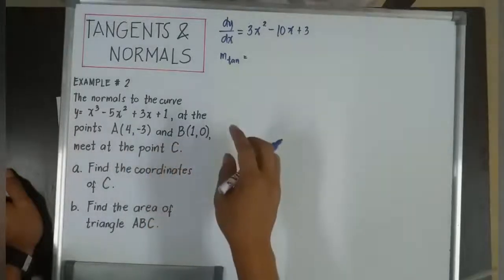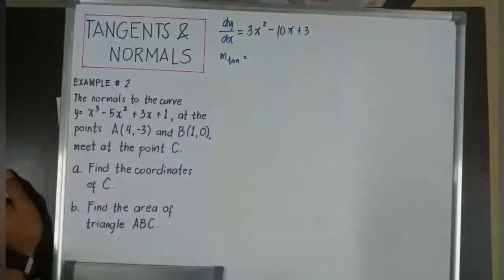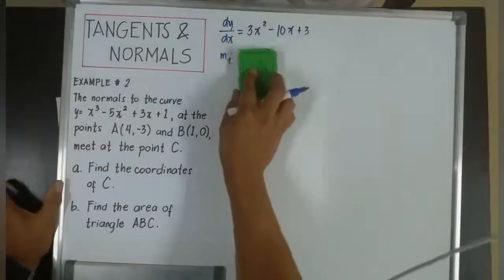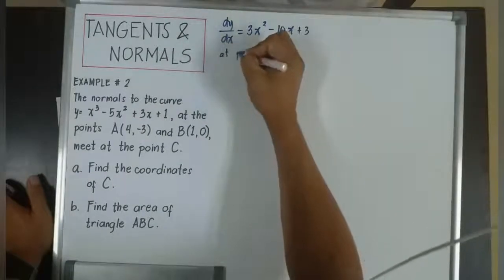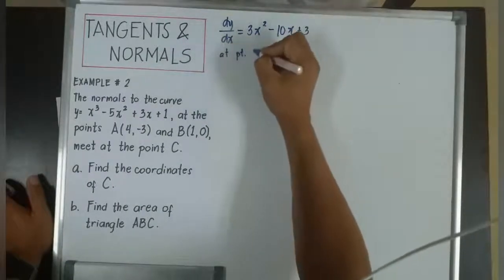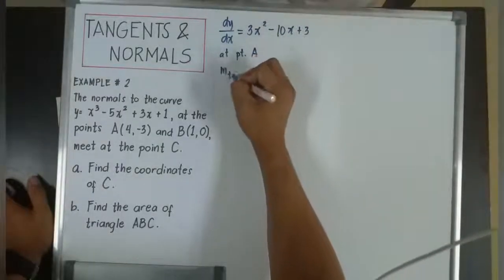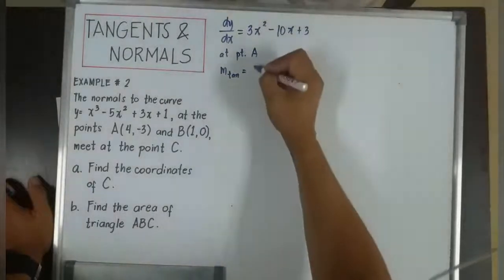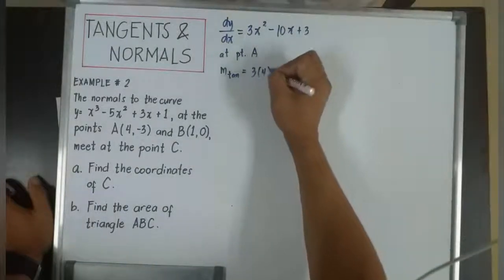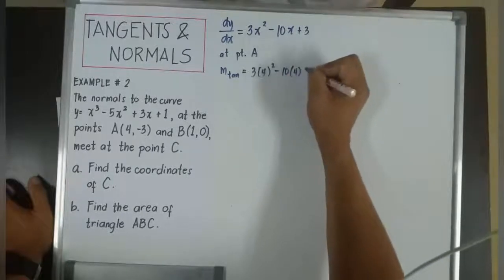So let's put first the gradient of the tangent at point A. At point A, the gradient of the tangent is equivalent now to 3 times 4 squared minus 10 times 4 plus 3.